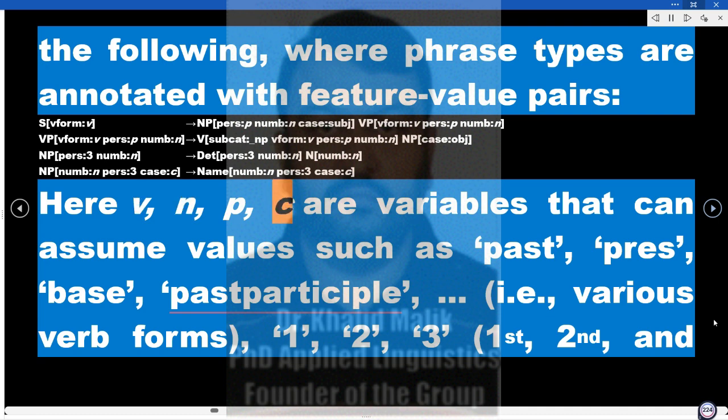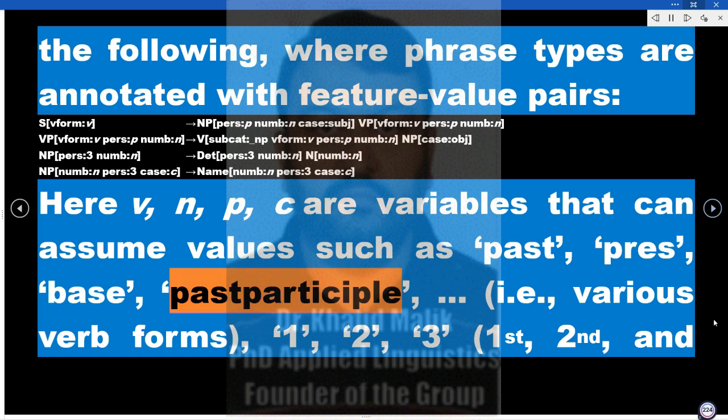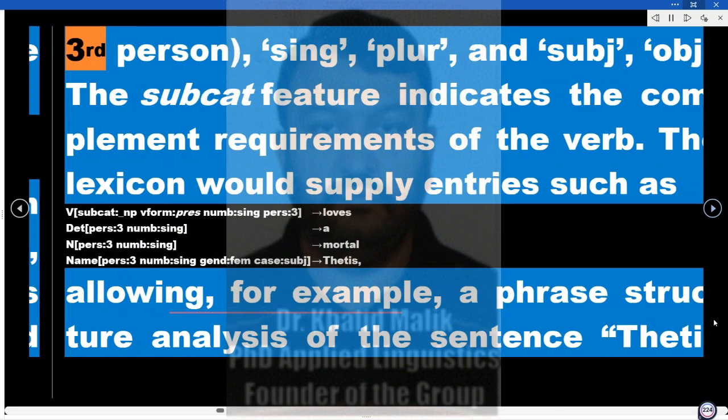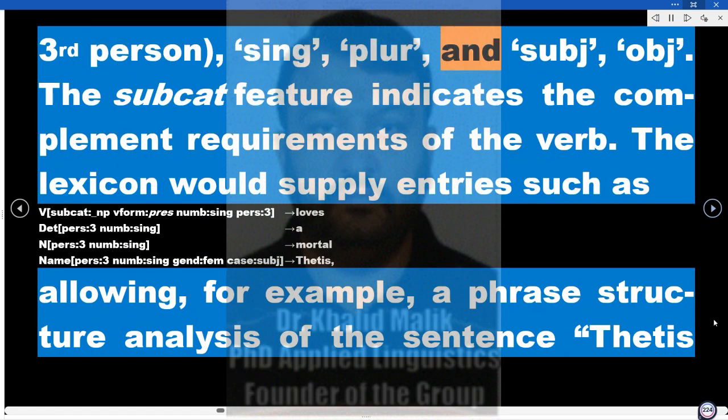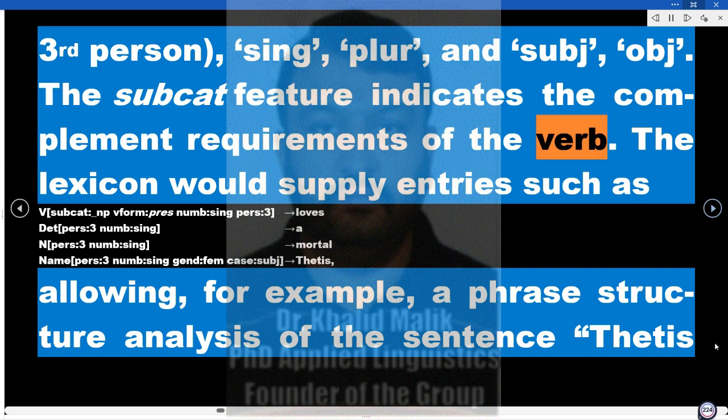Here v, n, p, c are variables that can assume values such as past, pres, base, past participle, i.e., various verb forms, 1, 2, 3, first, second, and third person, sing, plur, and subj, obj. The subcat feature indicates the complement requirements of the verb.